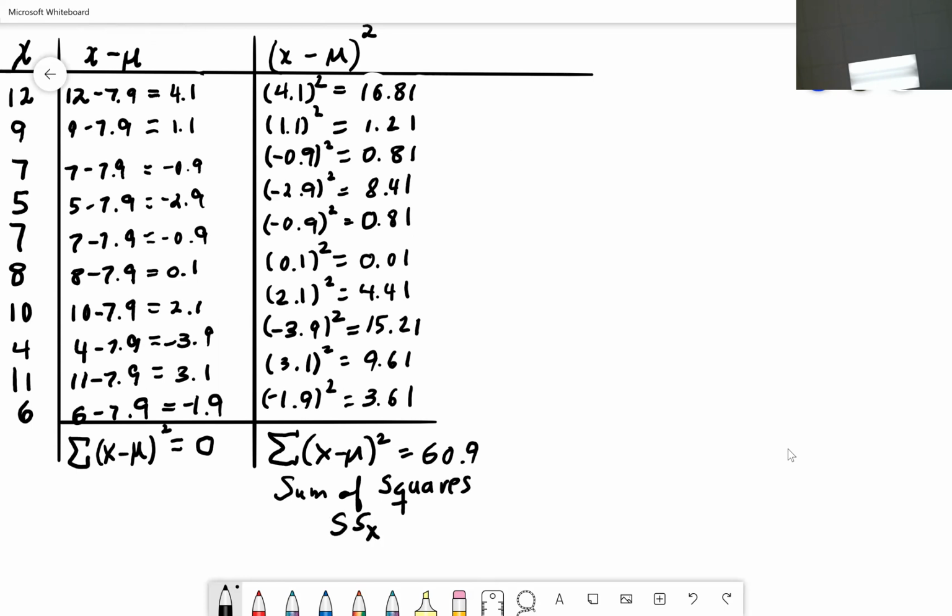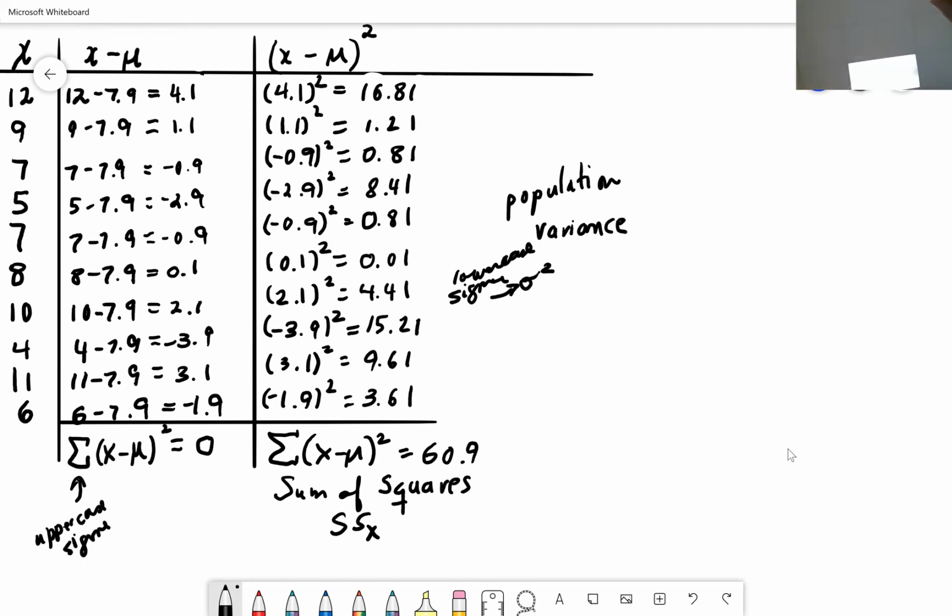Okay? So we go to our formula. Our formula for our population variance is our variance, which is lowercase sigma squared. See, the one we use for sum is uppercase sigma.